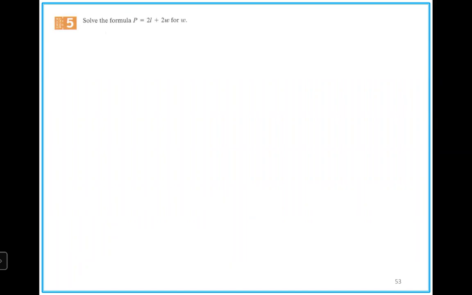So if we write it over, 2L plus 2W equals P, so we just rearrange it. What would be the next step? Ms. Nairn, you could go ahead.